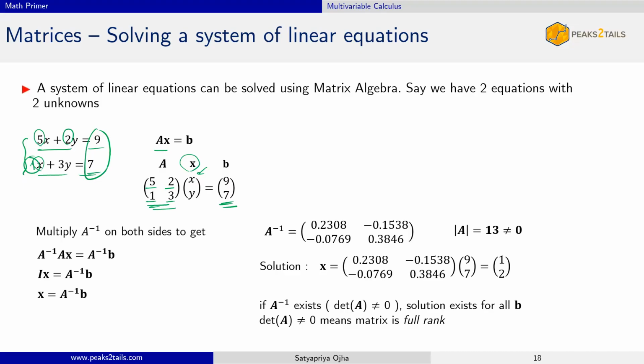Equal to b. b is the stuff on the right hand side, 9, 7. So the whole thing has been rewritten using matrix and vector notations. Please understand that the unknowns are a vector, and the stuff on the right hand side is also a vector. If you collect all the coefficients, it'll be a matrix A. So this is Ax equal to b, which is what we just looked at.